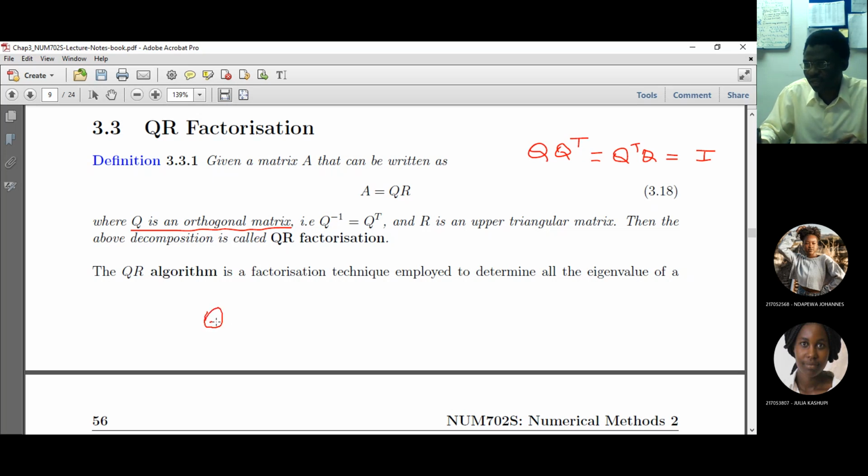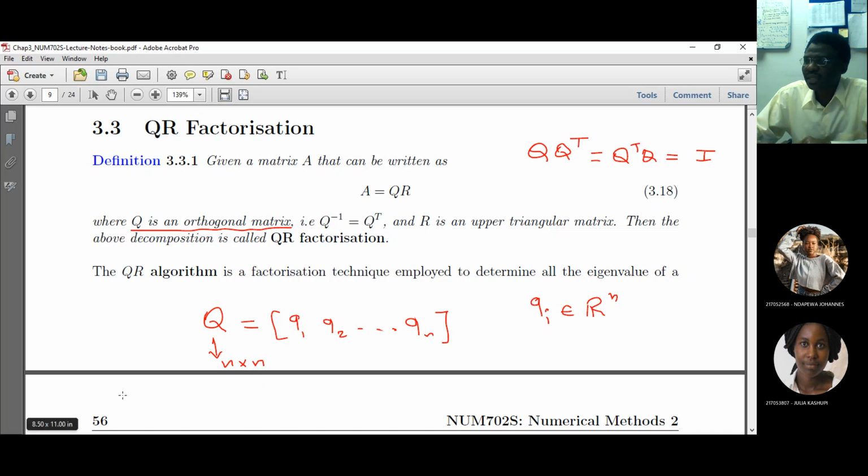So since it's a matrix, you can rewrite it in terms of its components: Q1, Q2, this is the first column, up to the last column, Qn, right? If it's an n by n matrix, the Qi's here are in Rn, meaning that they have n components. So n is the number of rows, and then you have n columns. So Q is an n by n matrix.